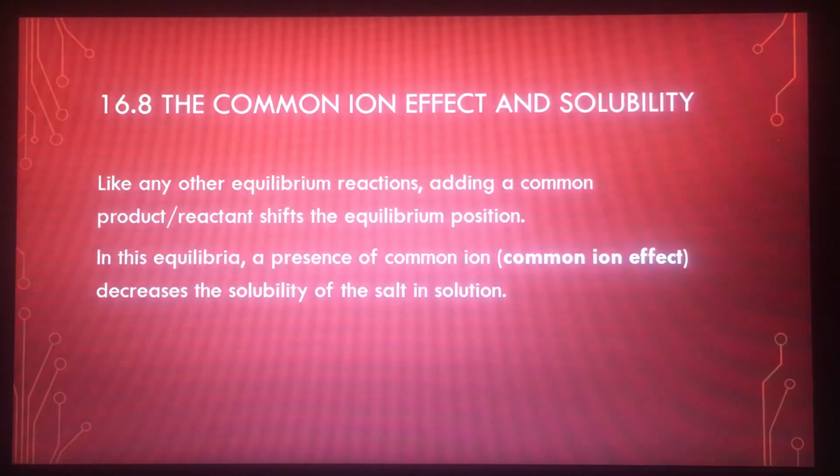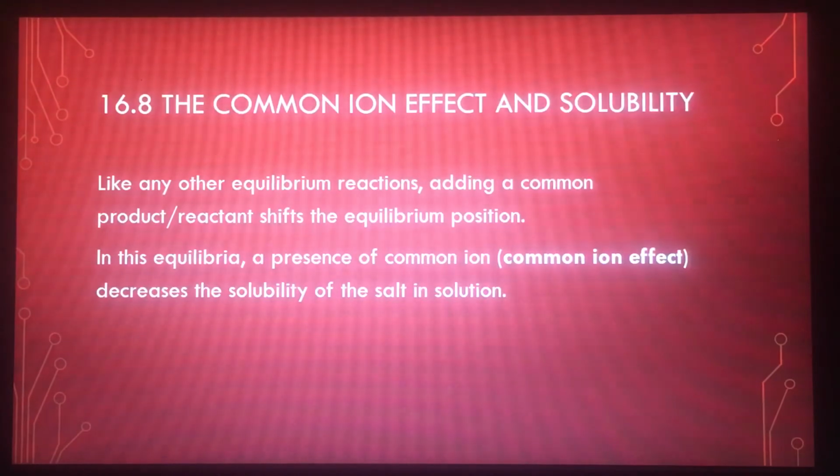Instead of adding a compound to the solution, we just add the ions, and we call it the common ion effect. So the presence of a common ion, the common ion effect, decreases the solubility of the salt in the solution. This is again just like the concentration being affected in the equilibrium.